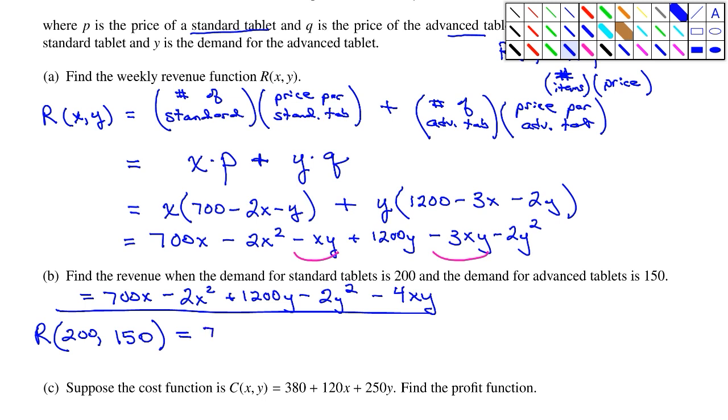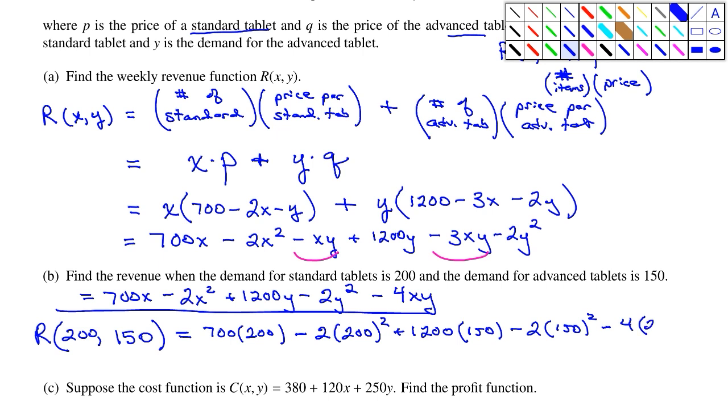And so this will be 700 times 200 minus 2 times 200 squared plus 1,200 times 150 minus 2 times 150 squared minus 4 times 200 times 150. You work all that out and you get 75,000, 75 large. Look at that.